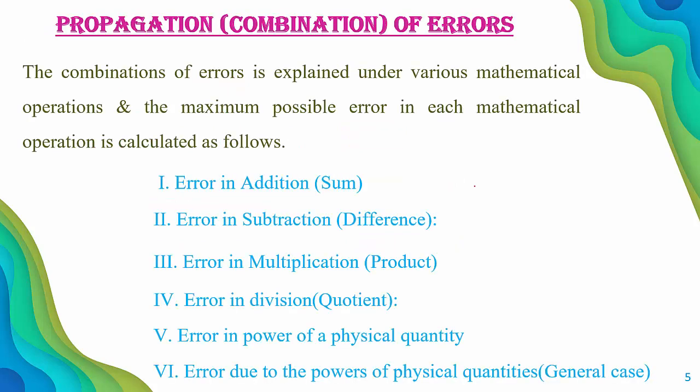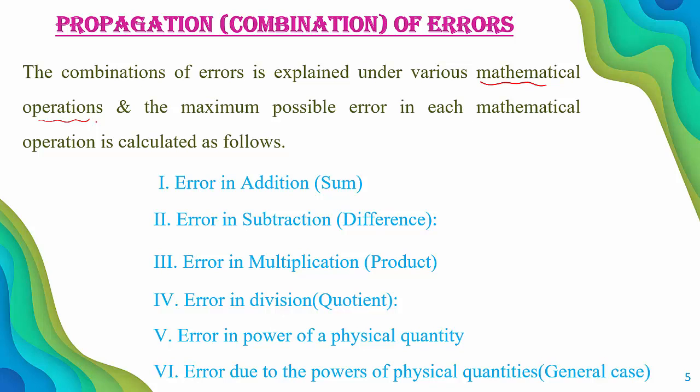See here, propagation of error, or combination of errors. The combination of errors is explained under various mathematical operations. Mathematical operations means you can take addition, subtraction, multiplication, division and so on.